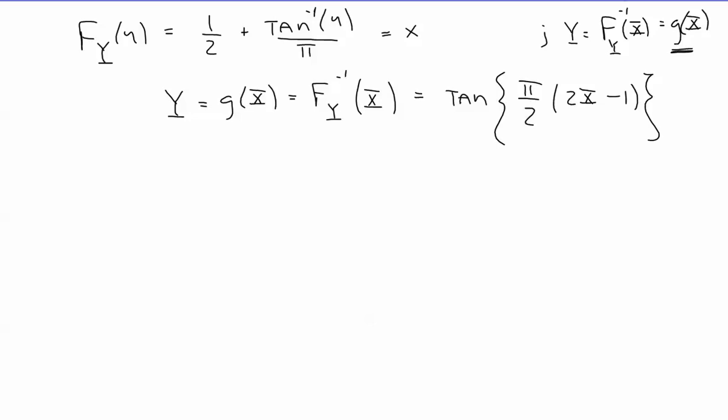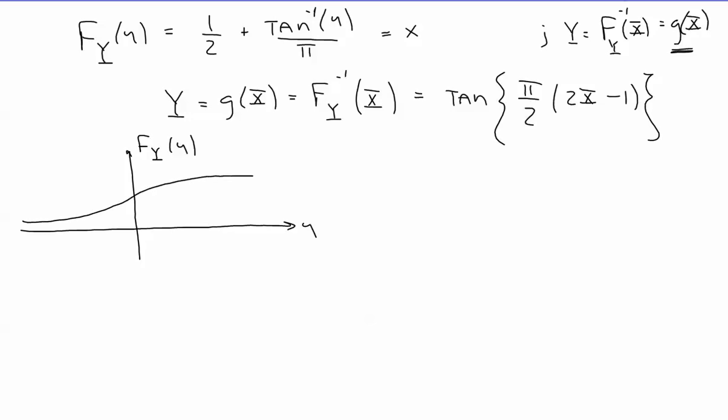All right, and by the way, if we plotted the cumulative distribution function for my Cauchy random variable, I guess that would be y, it looks something like this. Up here is 1.